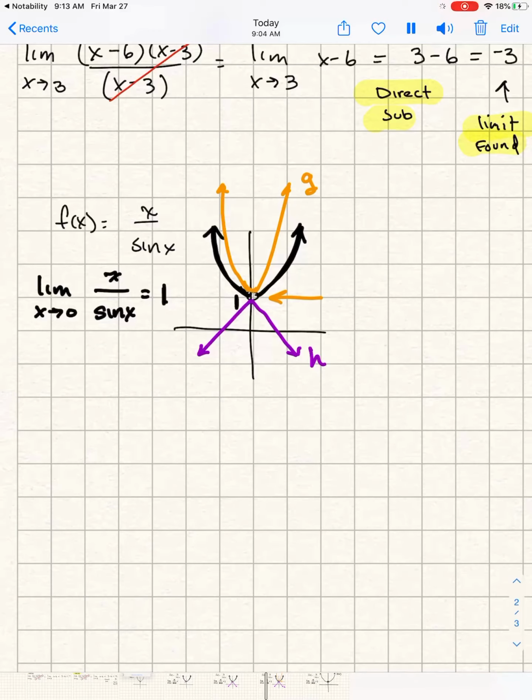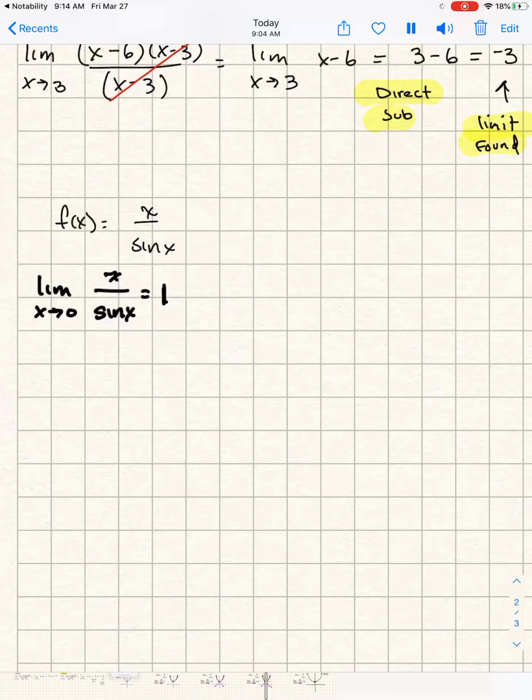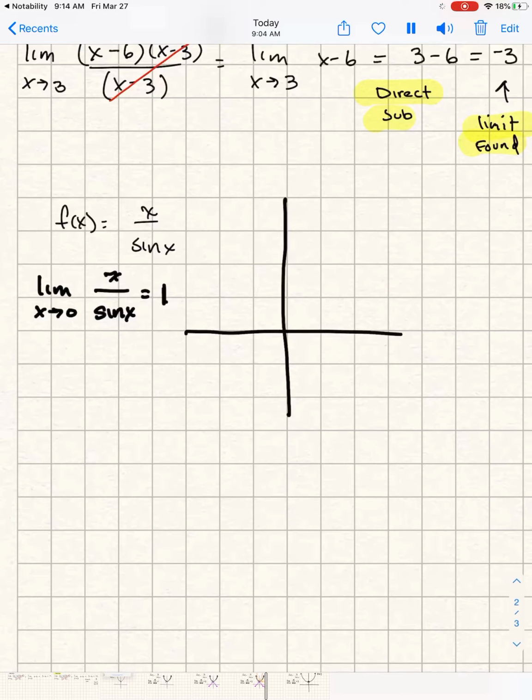Now what happens is, I'll do it again. Okay, what happens is if you have the open circle, so there's our f of x.